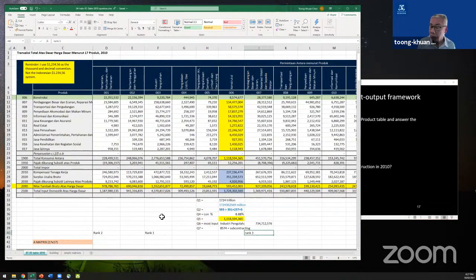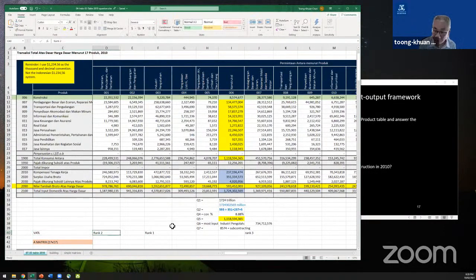Is this the correct way of looking at it? Or is there another method? Because what you're looking at is the absolute number. What we can do is calculate value add as a percentage of output.